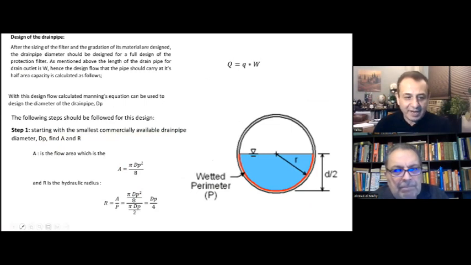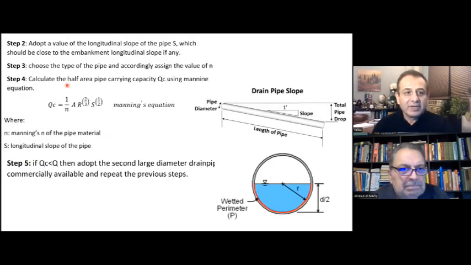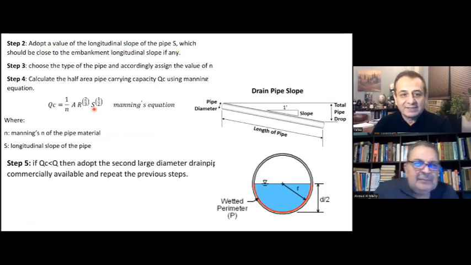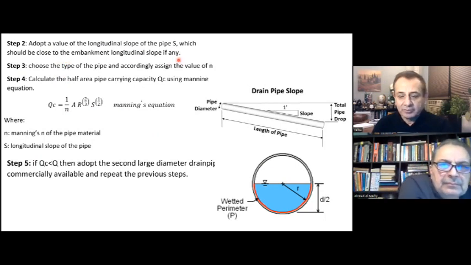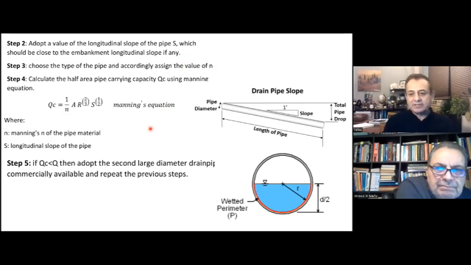Then you can adopt a value of longitudinal slope, S, which should be close to the embankment longitudinal slope, if any. If not, then you're going to start with a slope of 1 to 1,000, 0.001, which is a very mild slope. And after that, you calculate the capacity using the Manning equation after deciding the N value.